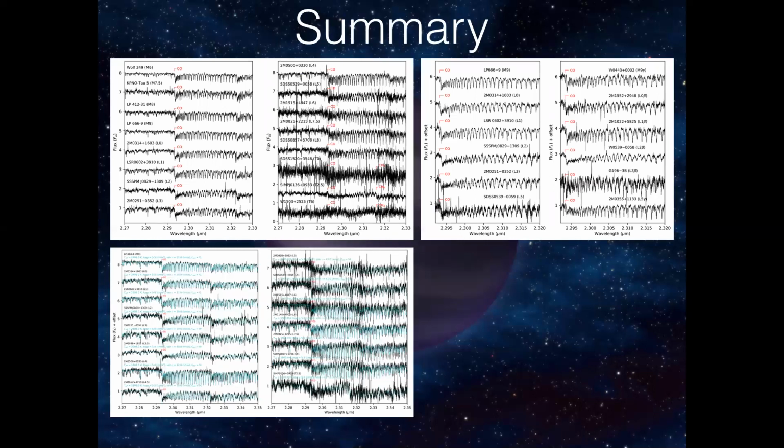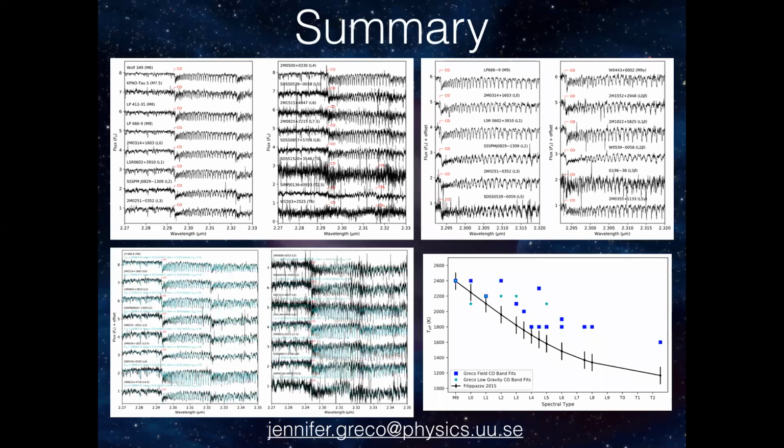We've done model fits between our objects and the models of Saumon and Marley from 2008, which have given us effective temperatures, surface gravities, V sin i values, radial velocities, and clouds. And we're in the process of looking into those results to understand them a bit better and doing some more model fits to learn more.